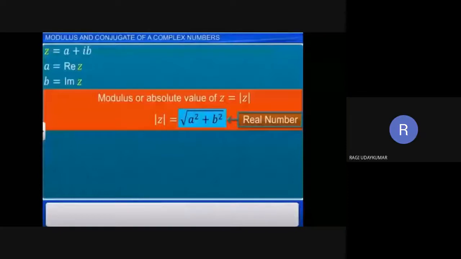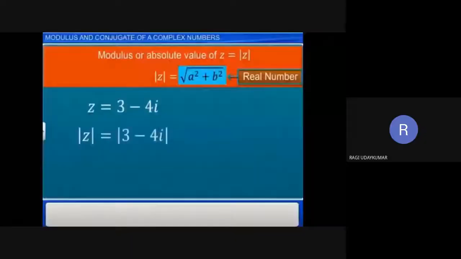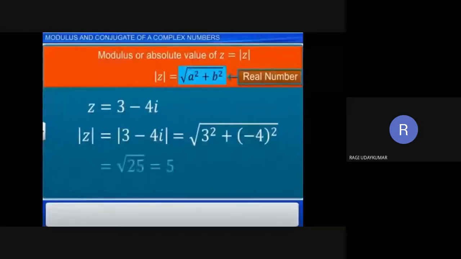So that is a real number. We can also call it the absolute value. As an example, let Z equal 3 minus 4i. Modulus of Z equals the square root of 3 square plus minus 4 whole square. So this is the definition of the modulus of a complex number, which equals 5.